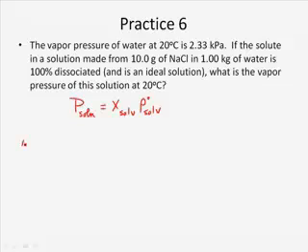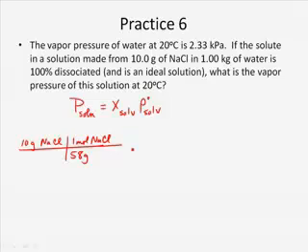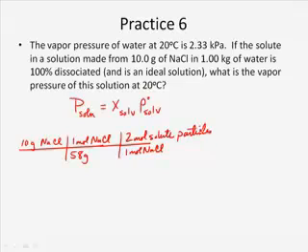So if I have 10 grams of sodium chloride, and there are about 58 grams in 1 mole of sodium chloride, and it's going to completely dissociate, then for every 1 mole of sodium chloride, I get 2 moles of solute particles. A Van't Hoff factor of 2.